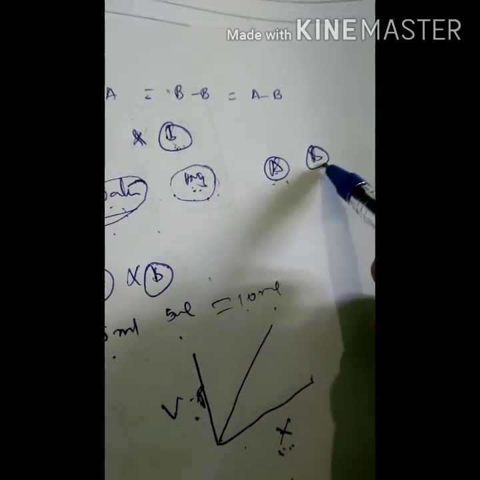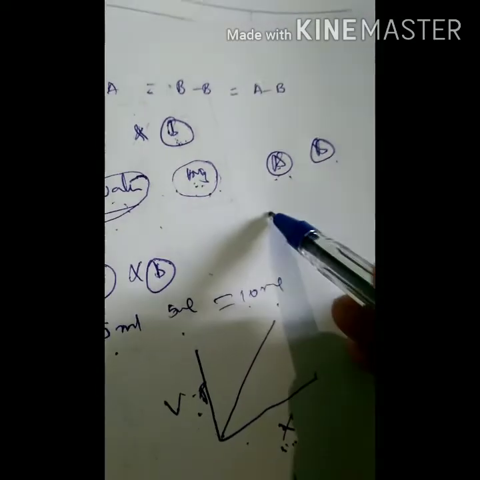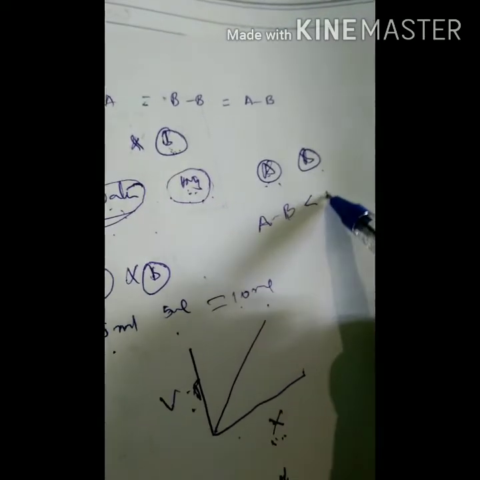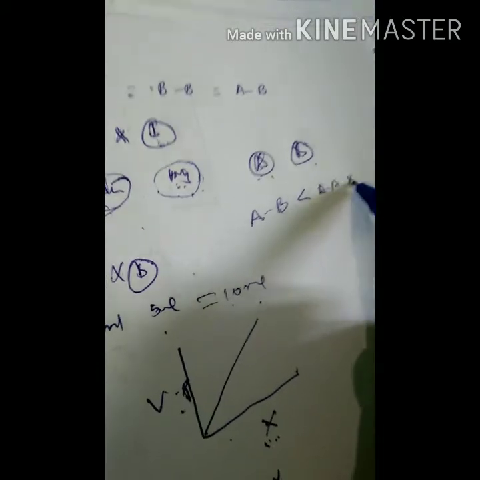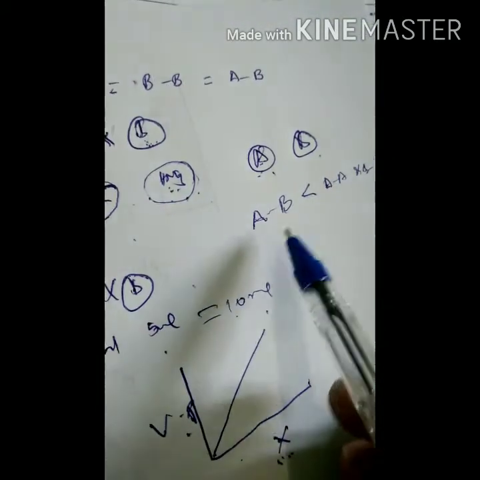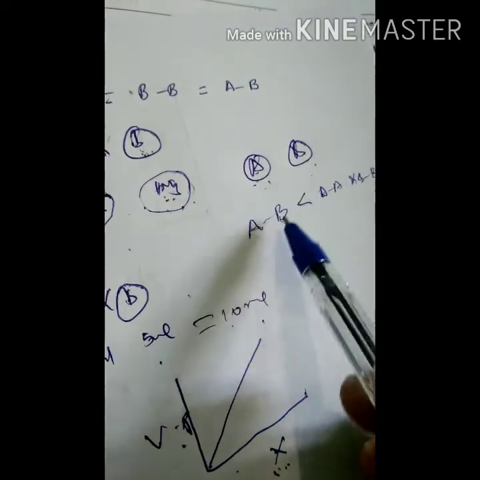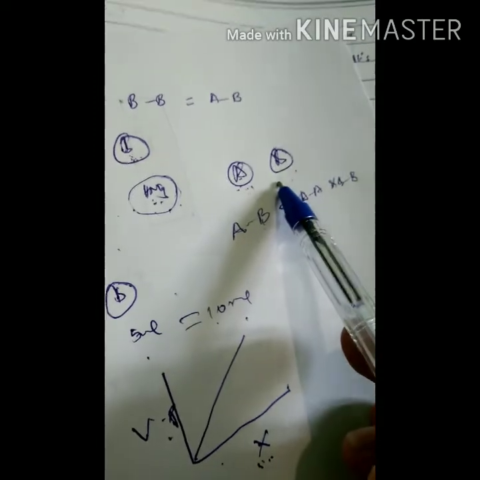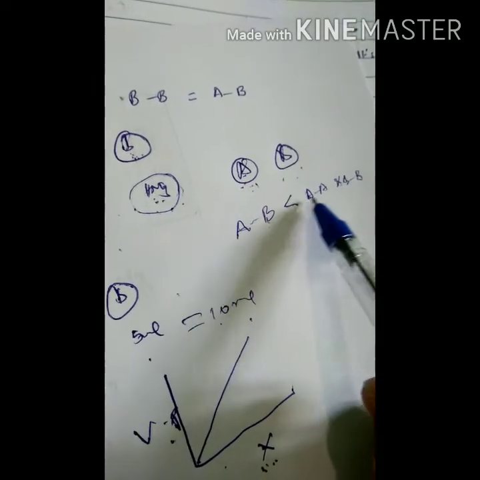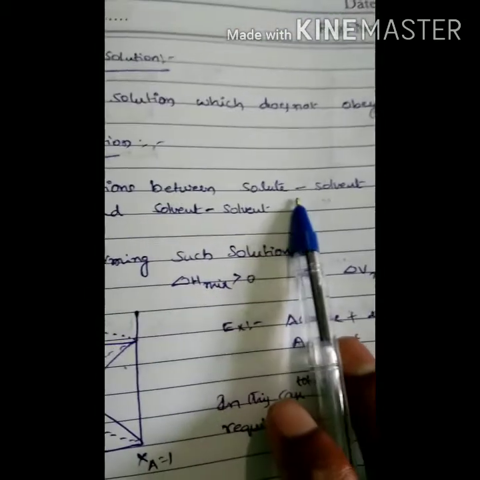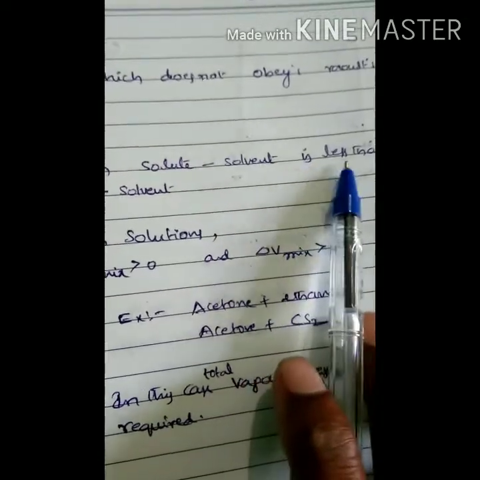When these two liquids mix with each other, the attractions between A and B are less than the attractions between AA and BB.